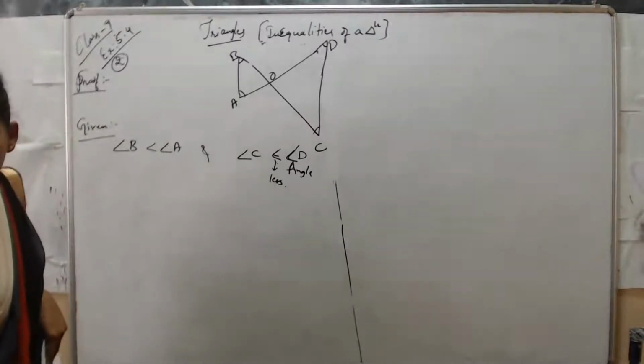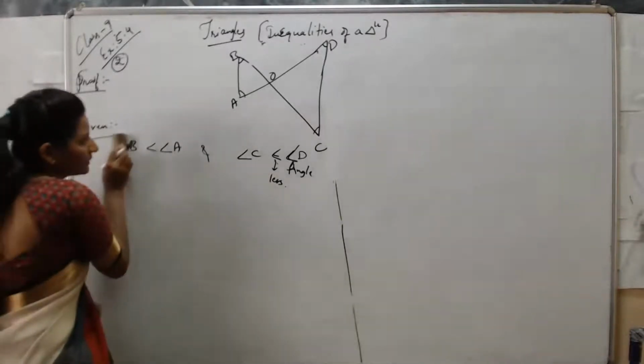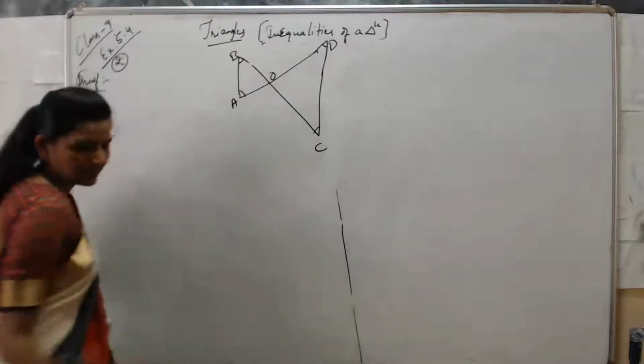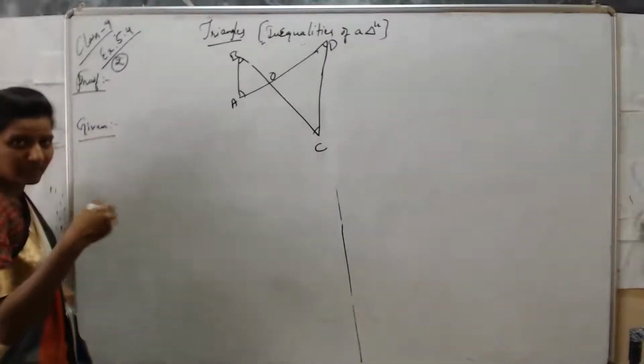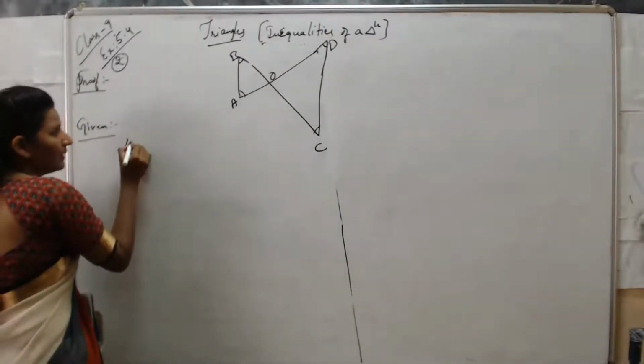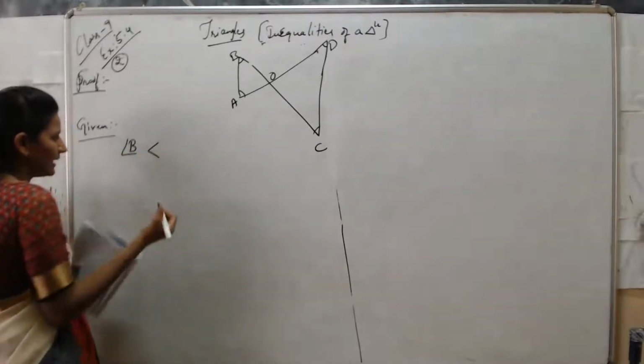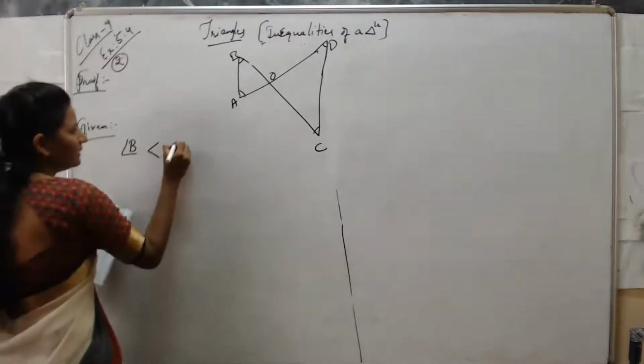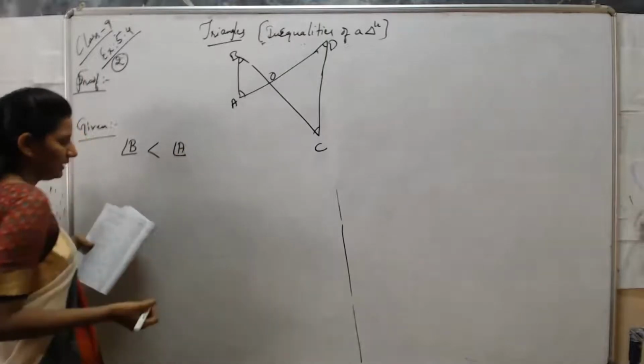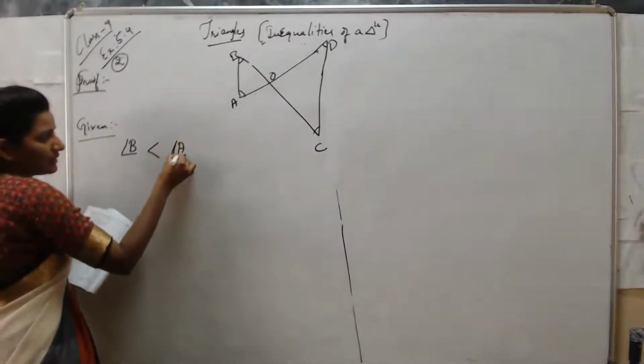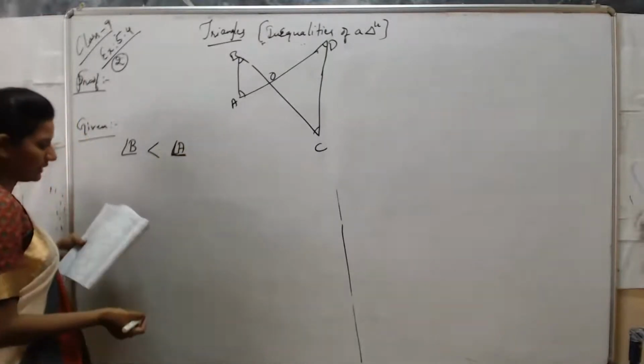If you don't know what I am writing, I will write again. I am spelling the words. Angle B is less than angle A. If I write it straight, it becomes a right angle, that's why I am writing like this.